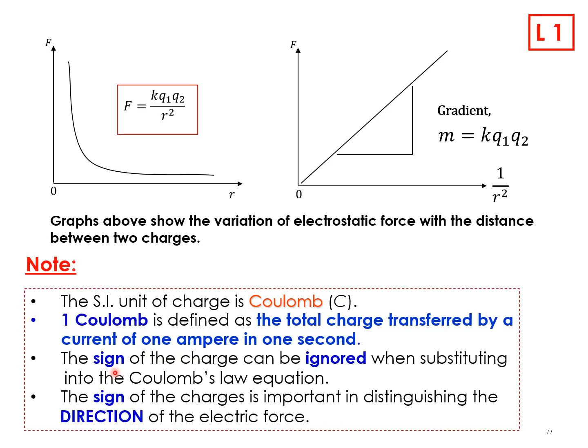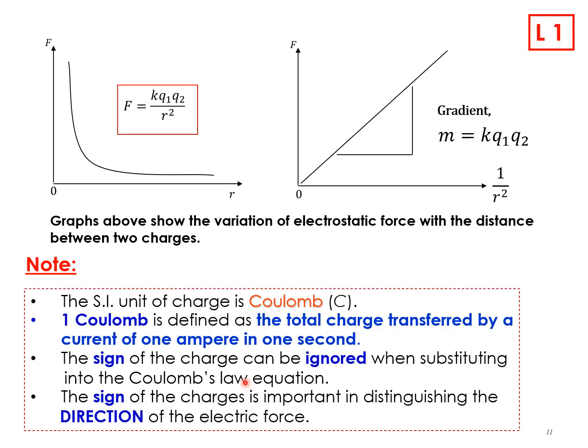And you must know that the sign of the charge can be ignored when substituting into the Coulomb's law equation. Even though electrostatic force is a vector, with magnitude and also direction, the positive and negative sign notation for the charge does not represent the direction.